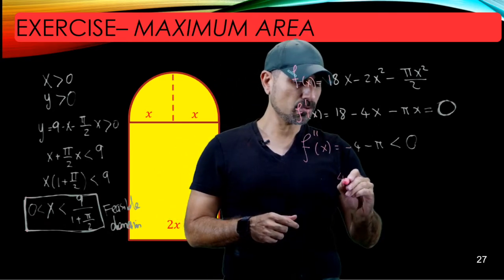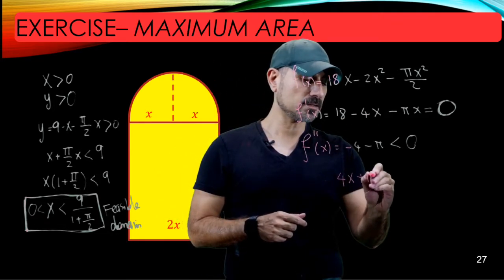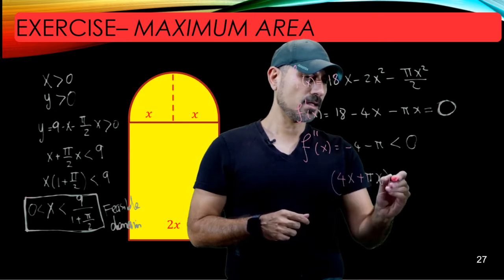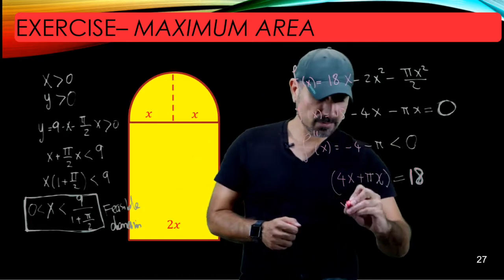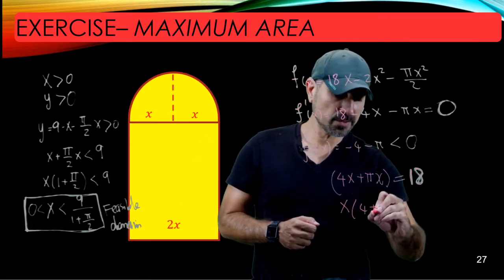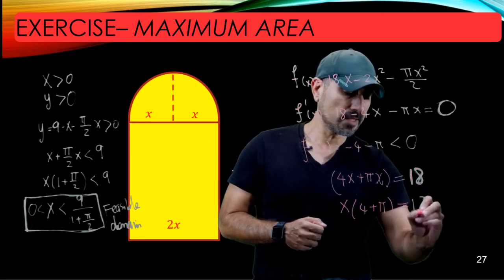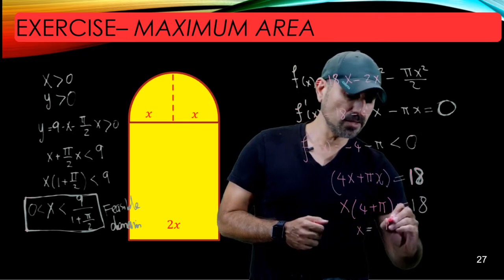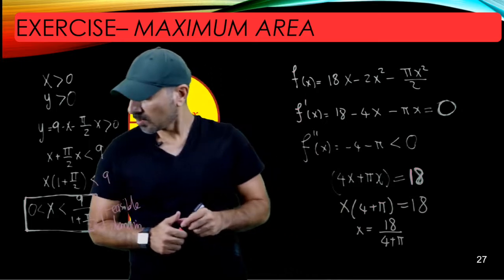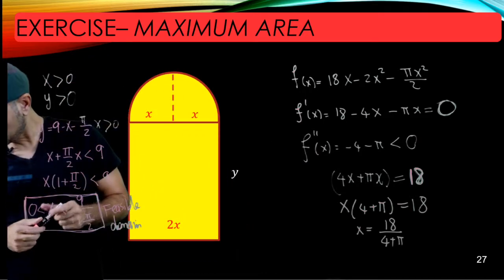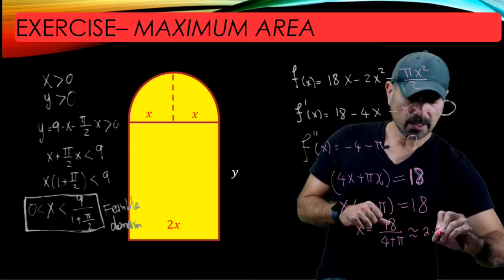So 4x plus pi x is equal to 18. And x factored out, 4 plus pi times x equals 18. And then x is 18 over 4 plus pi, which is equal to 2.52.